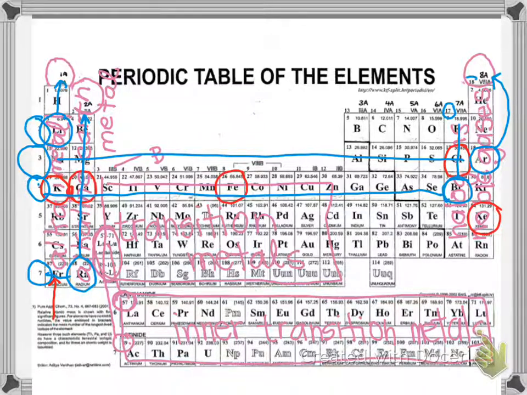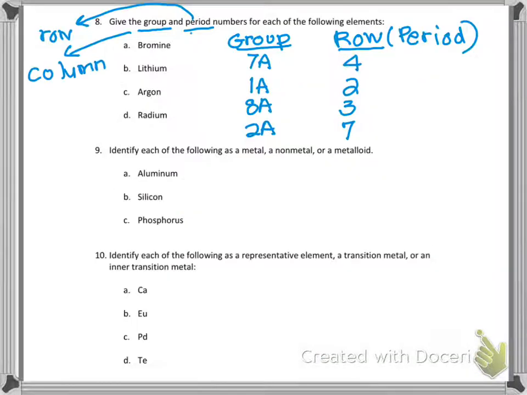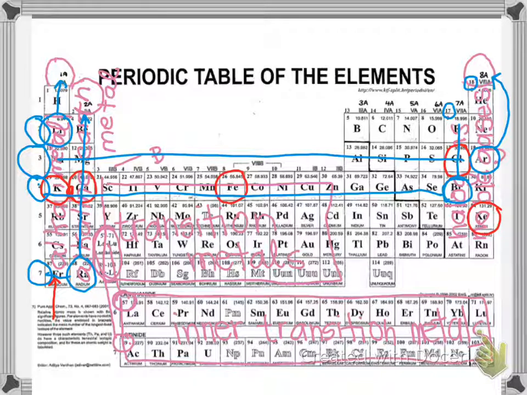And group 8A is also 18. So we could write 7A, this could be 17, and this one would be 18. 1A and 2A would still just be 1 and 2. See, group 1A is a 1 and group 2A is a 2.